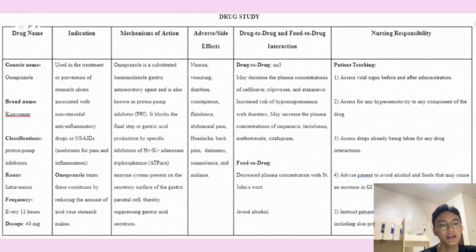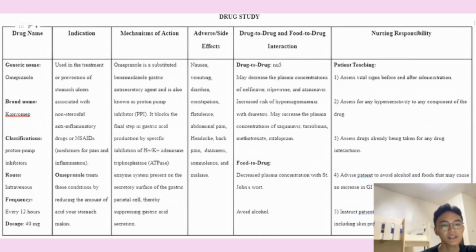It is used in the treatment or prevention of stomach ulcers associated with non-steroidal anti-inflammatory drugs, or NSAIDs. Omeprazole treats conditions by reducing the amount of acid your stomach makes.